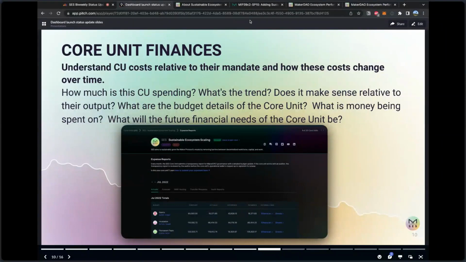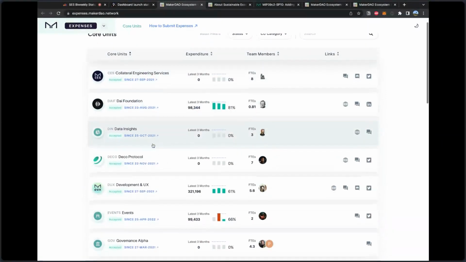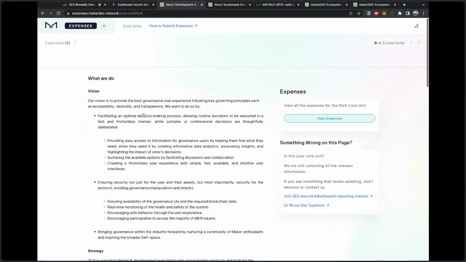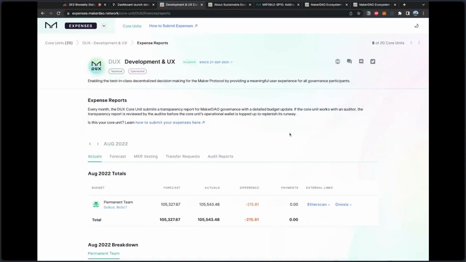So these are specific questions like: how much is this core unit spending? What is money being spent on? What will the future financial needs of this core unit be? And this is where you can really make a judgment call. Does it make sense for this core unit to be spending this amount, both now and perhaps in the future?